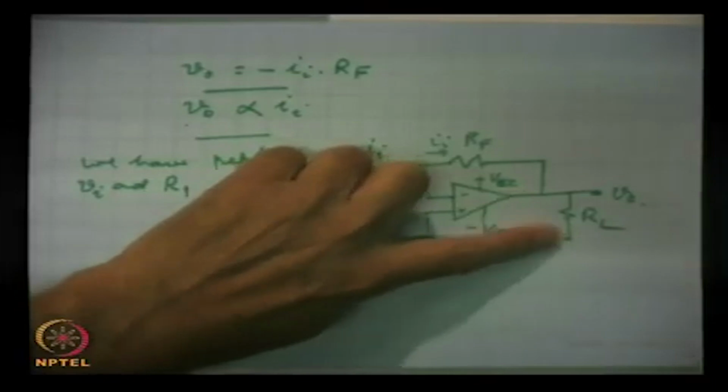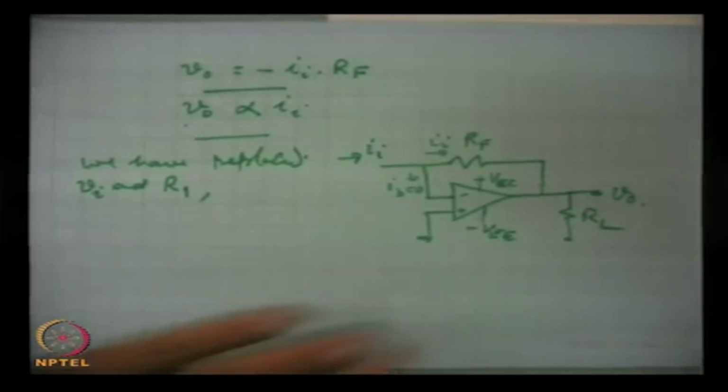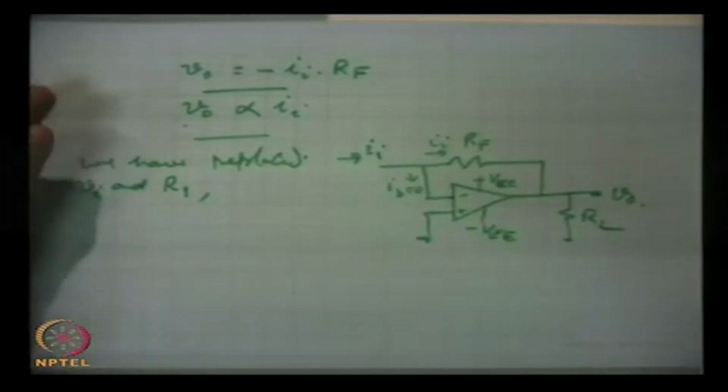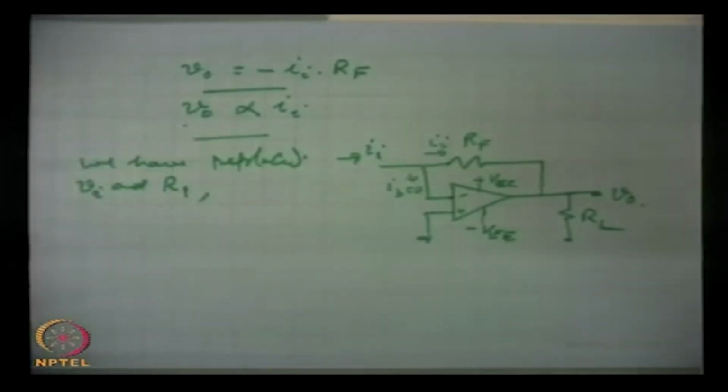So because the output impedance is very low, this value of RL does not affect that, and it works in a perfect manner. And so applications, I said photo detector, that photo currents are converted into voltages, and so on. So this is another application.